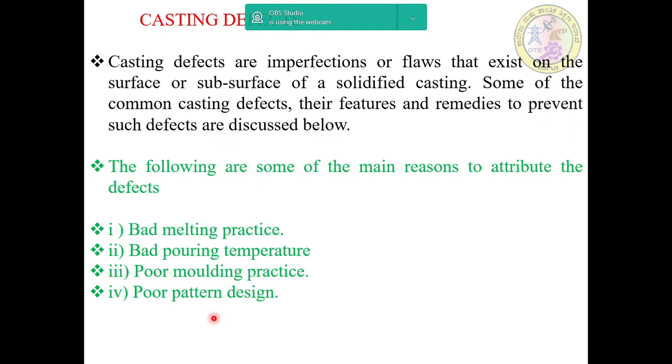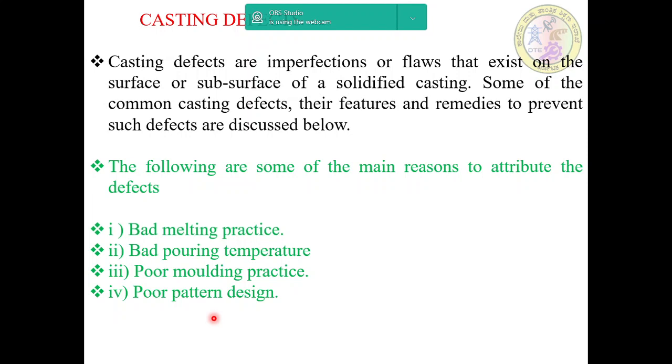Next we'll go for casting defects. Here, casting defects are imperfections or flaws that exist on the surface or subsurface of a solidified casting.